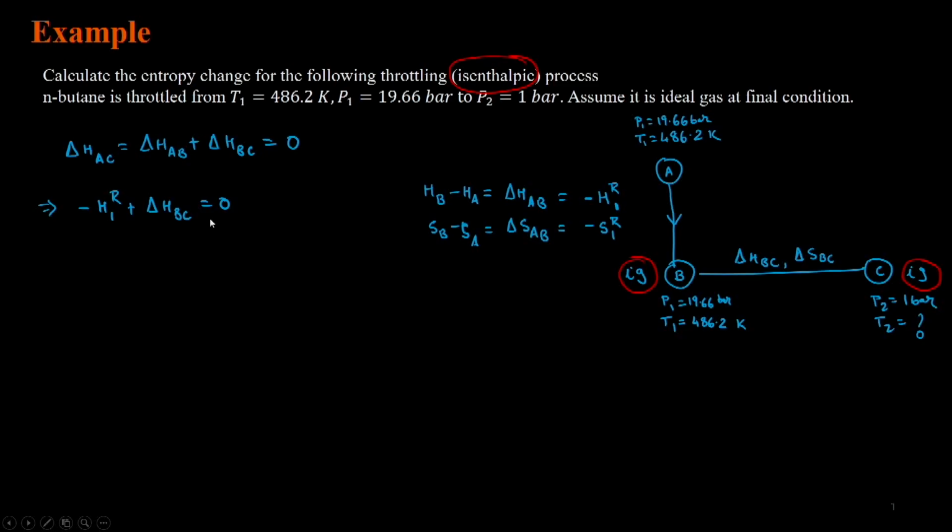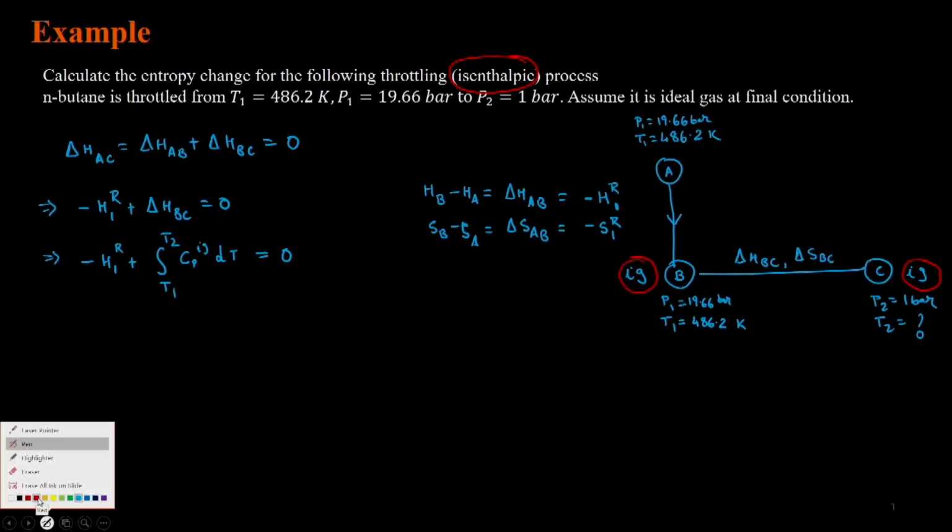And delta H B to C is the enthalpy change for an ideal gas. So that is, in terms of the specific heat capacities, the integral from T1 to T2 of Cp ig dT. This equals 0. Now in this, I can use any convenient method to calculate H1R. Similarly, I know the initial temperature T1.